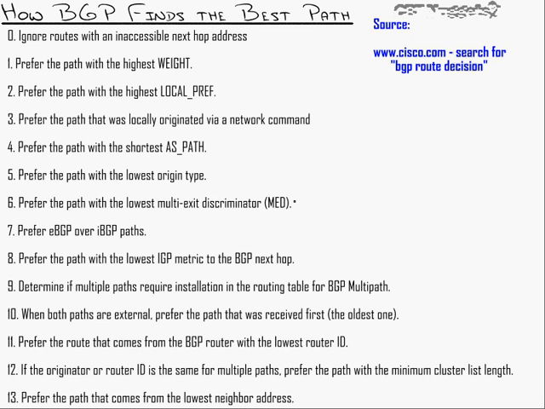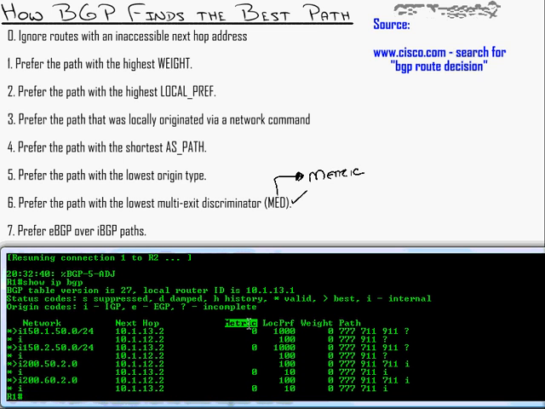It is right there. I know it doesn't say metric, but if you remember when I talked about this in the previous video, I said that MED is also known as the multi-exit discriminator, and most people will call that the metric. Now, the metric is seen in the BGP table in this column right here.